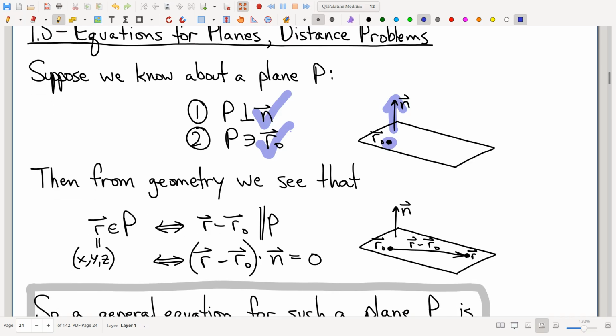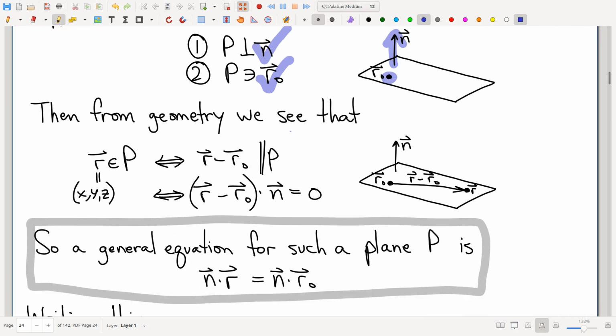So the big idea then for how to write down the equation of the plane, keep in mind an equation is a test. I need to look at some point r that may or may not be in the plane, and I need a test, a thumbs up or thumbs down. Is it or is it not in the plane?